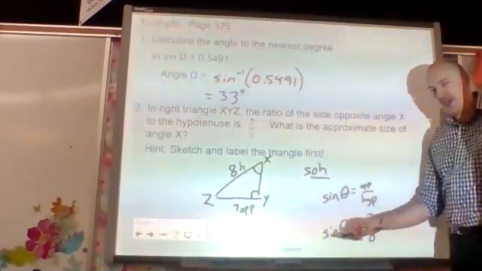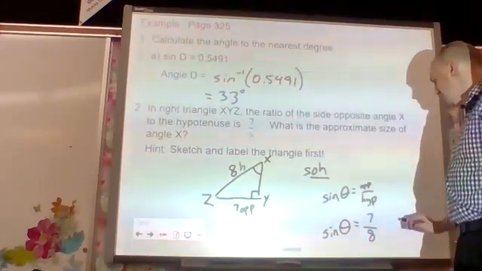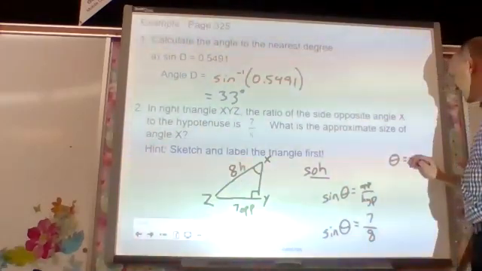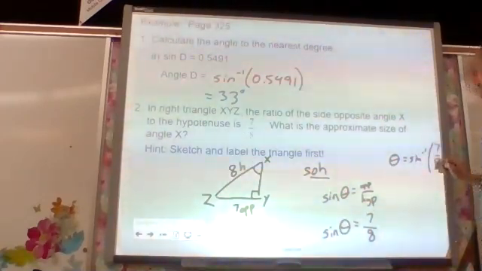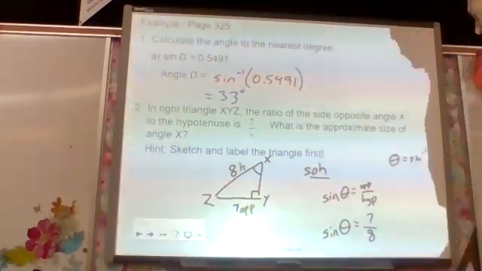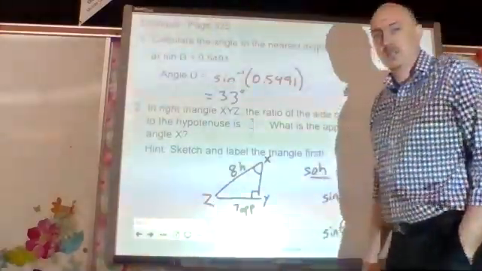We free it from the sine function by doing the opposite operation, which is sine inverse. So theta, or X, equals sine inverse of 7 over 8.